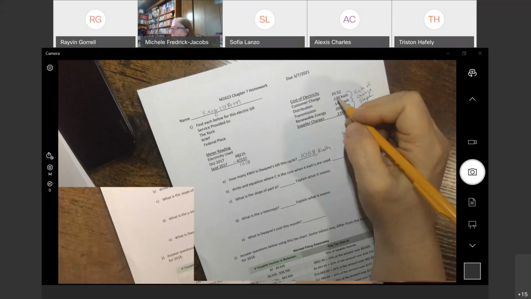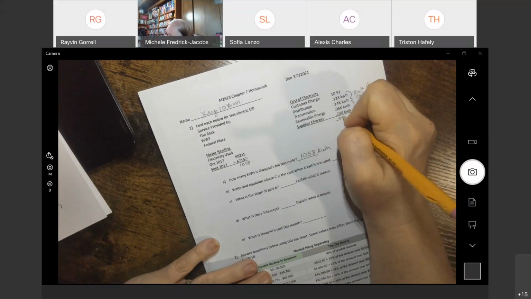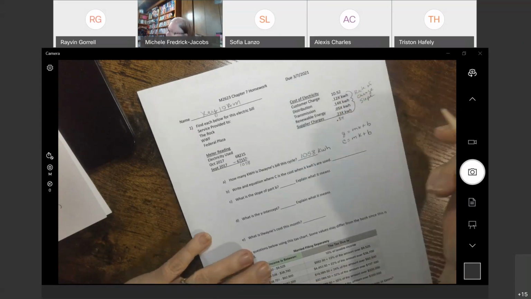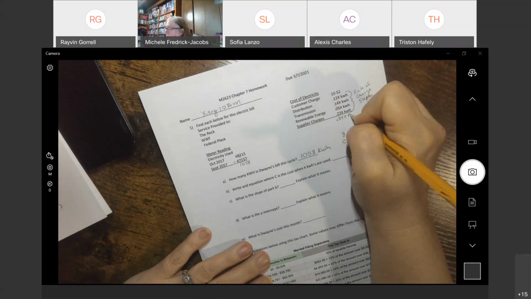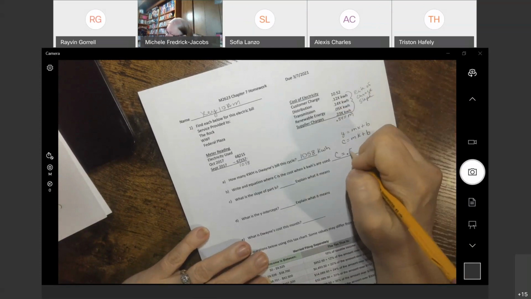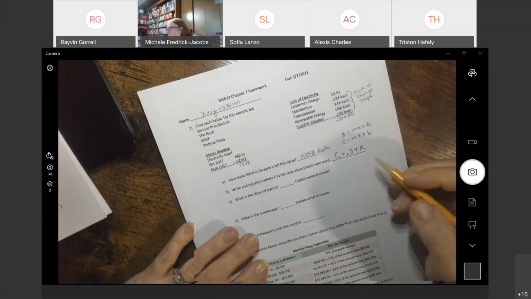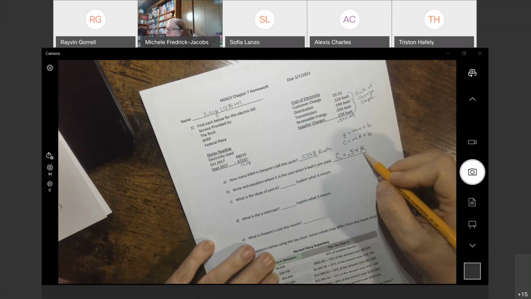And if we add those up, we get 0.54. Yeah. So that's our slope. So it's 54 cents for every kilowatt hour.